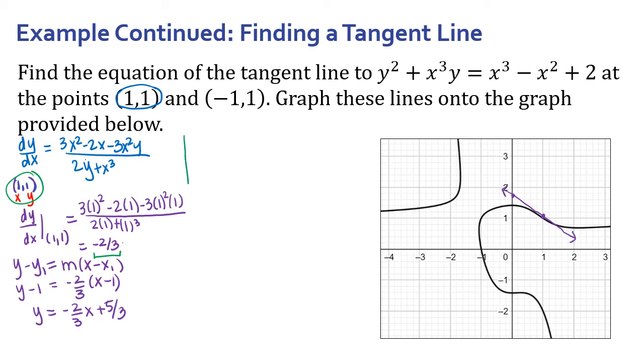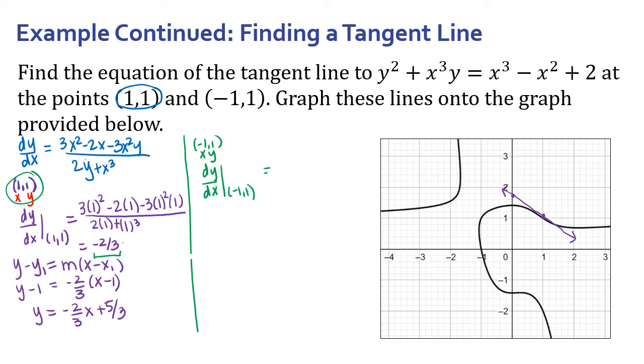Okay, so now if we were doing this for the point negative 1, 1, there's your x, there's your y. So finding the slope of the tangent line there, we're going to substitute those values in for x and y into our derivative function, because that's the slope of the tangent at that specific point.